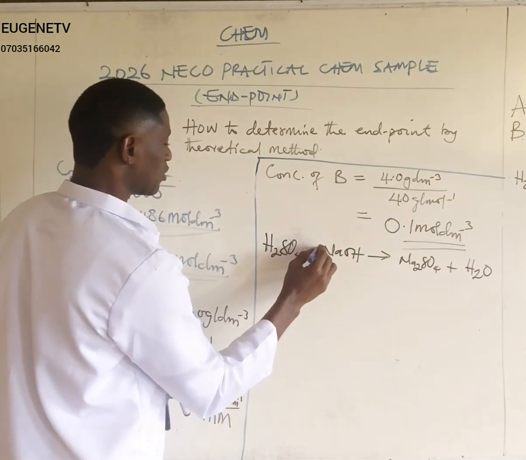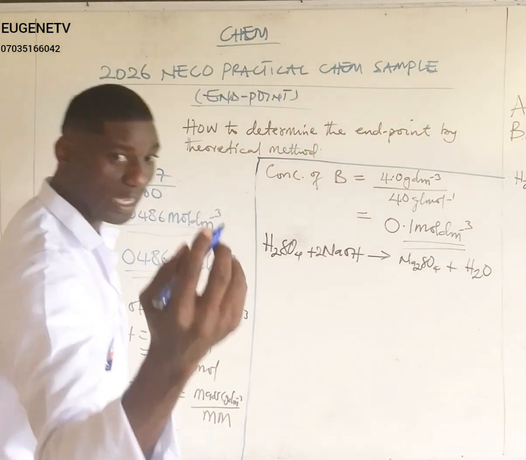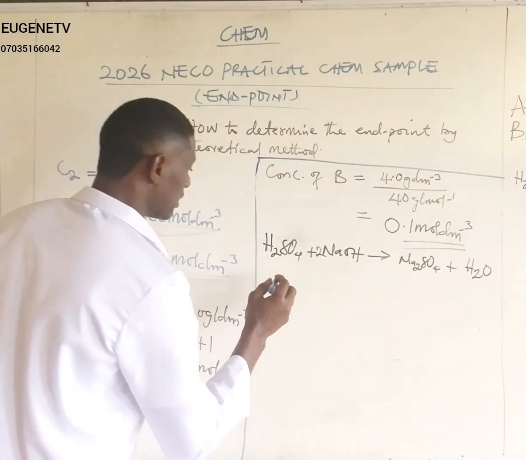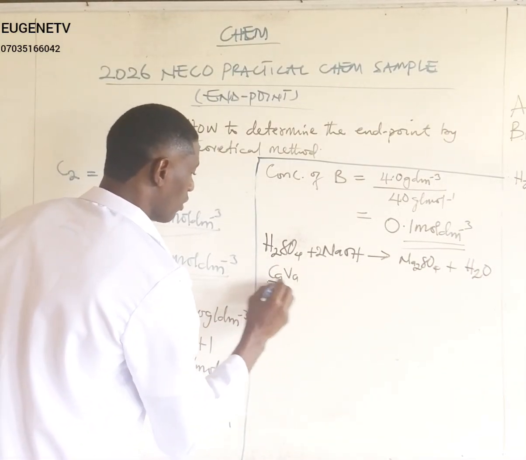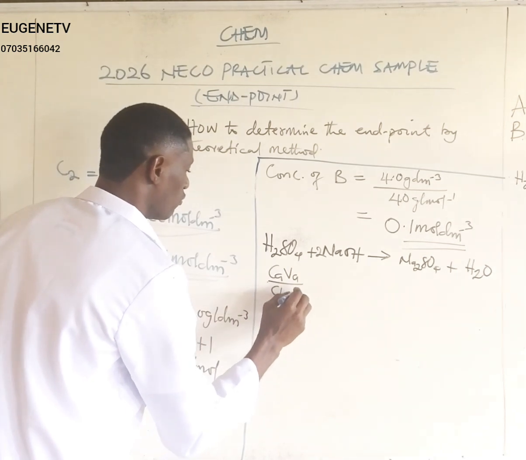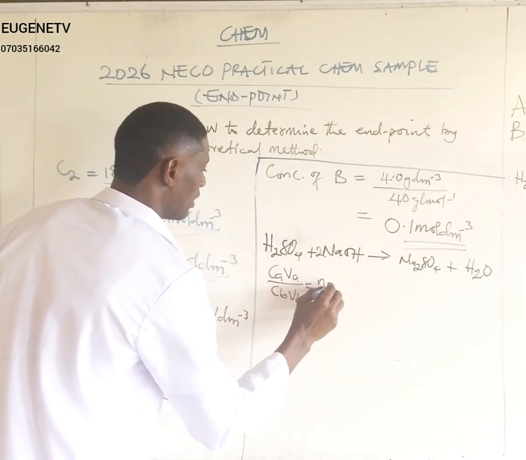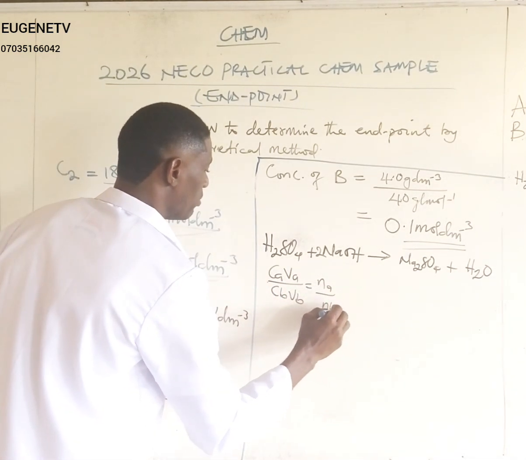So for us to balance this, we put this together. Alright, so we can now apply our mole ratio formula that says CA VA all over CB VB is equal to NA all over NB.